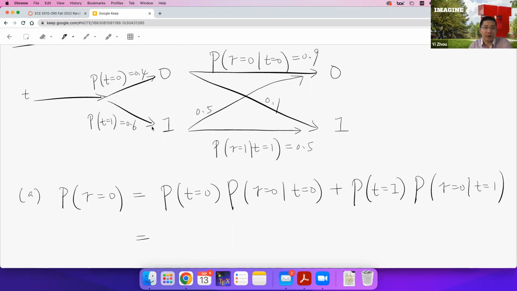We transmit 0 with probability 0.4, and given that, the probability of receiving 0 is 0.9, so it's multiplied by 0.9. And this one is 0.6 multiplied by 0.5, since we are sending out a 1 but receiving a 0.